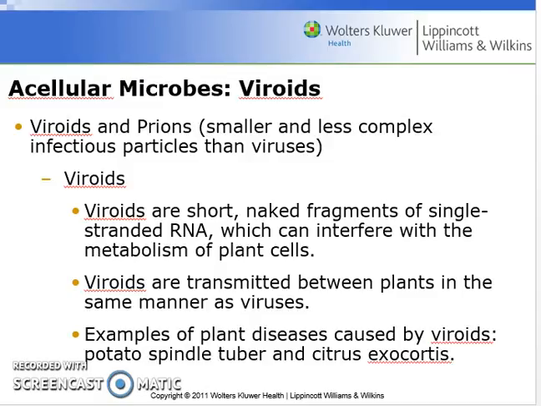They can also have cracks in them. With citrus exocortis, you simply have very small growth of citrus trees, so the height of the trees is typically stunted due to this viroid. And then there are a number of other diseases that can exist in things like tomato plants or chrysanthemums.